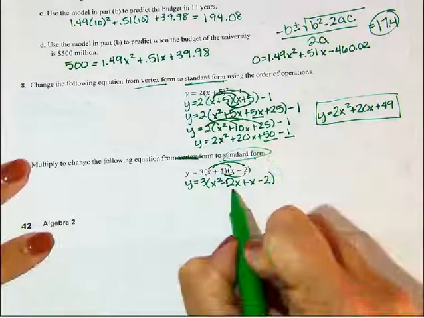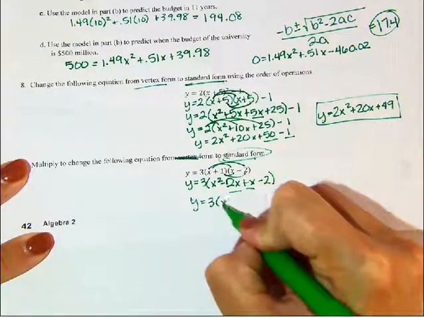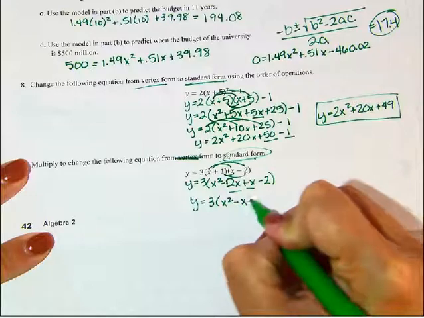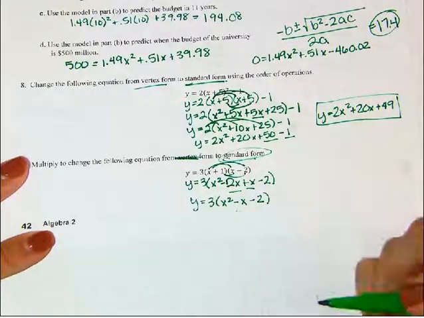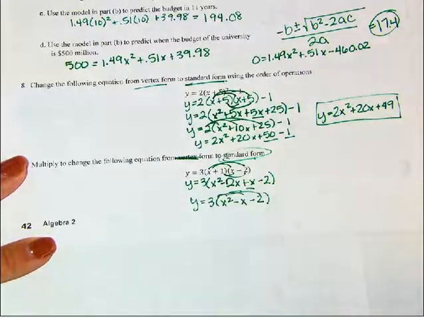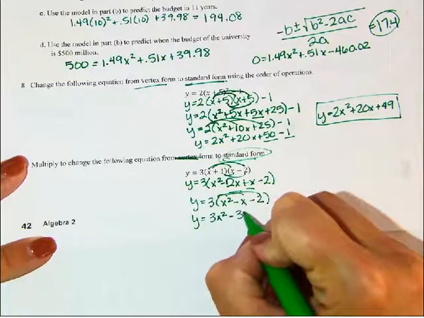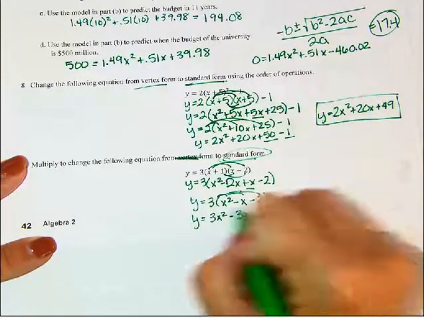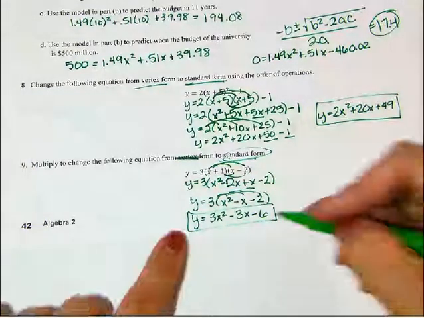I have these two like terms here. So I have 3 times x squared minus x minus 2, because a negative 2x plus x gives me a minus 1x. And then I distribute this 3 to everything inside. So y equals 3x squared minus 3x minus 6. So there is this intercept form in standard form.